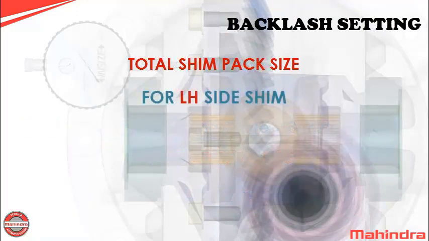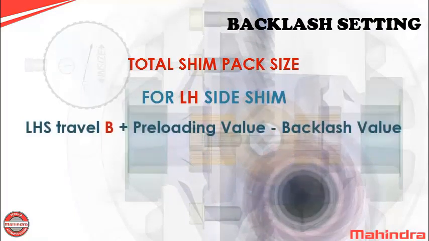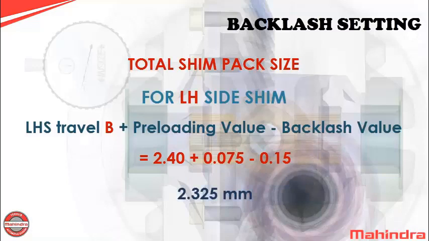For left hand side shim, left hand side travel B plus preloading value minus backlash value, that is 2.40 plus 0.075 minus 0.15, that is 2.325. Left hand side shim is 2.325 mm.